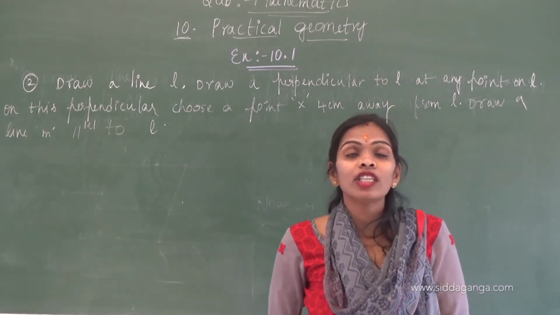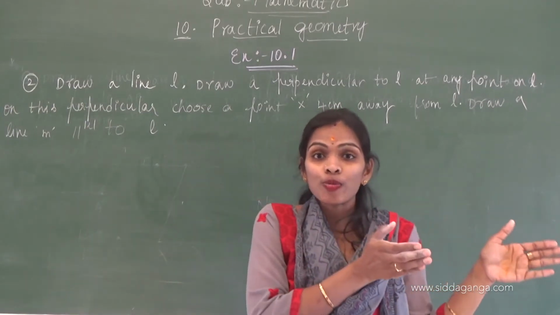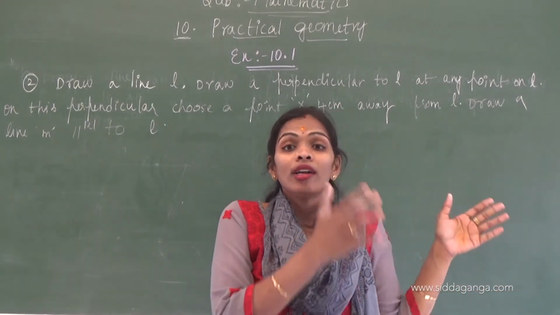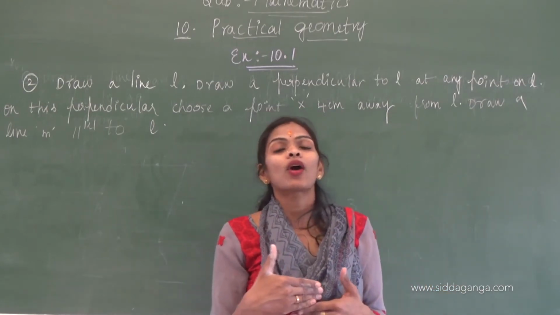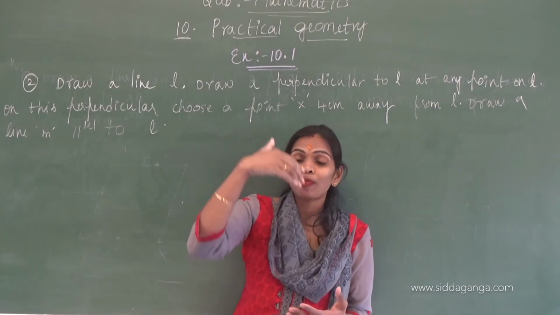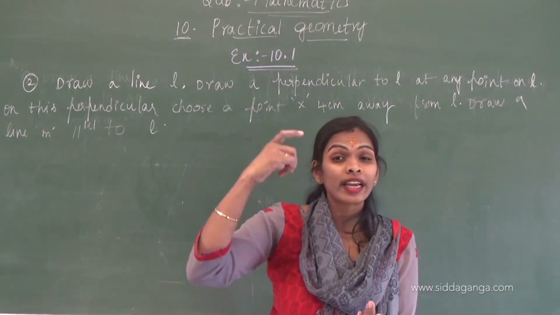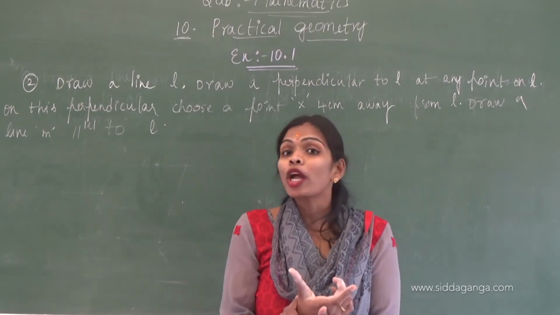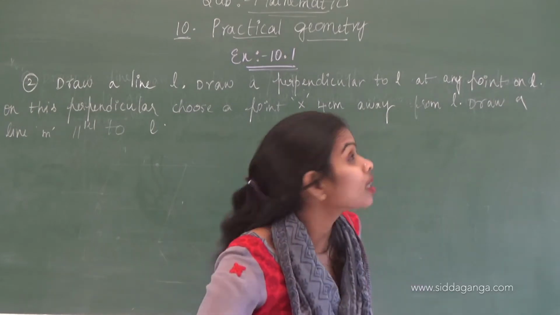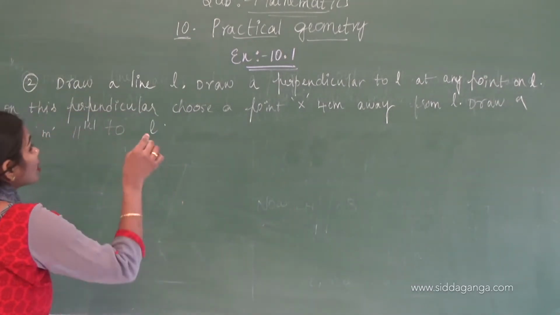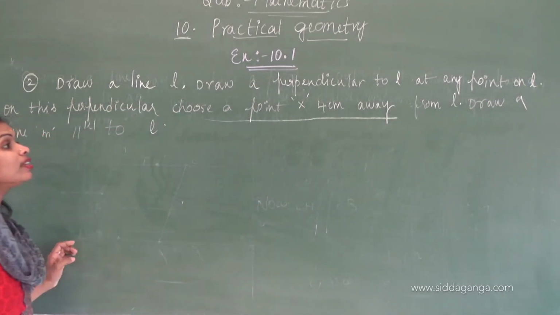Up to our last problem, what we did was take one point on L and then another point outside L. Here, for the point outside L, they are giving some restrictions. What is the restriction they have given? Choose a point X 4 centimeters away.